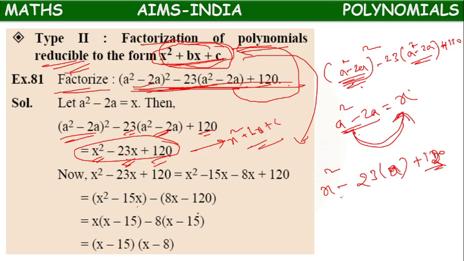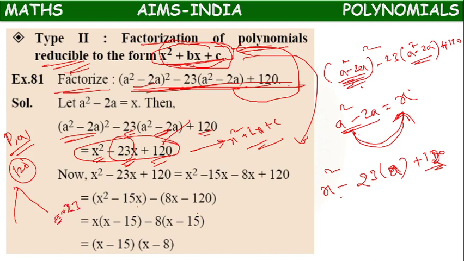Now the remaining procedure is the same. We need two numbers p and q such that their product is equal to the constant, which is 120, and their sum is equal to minus 23.